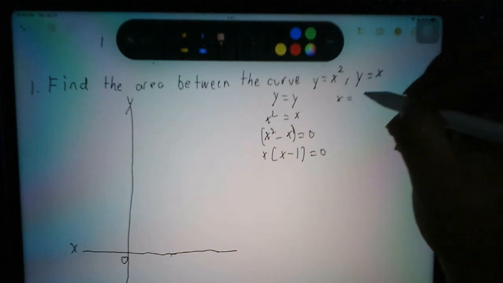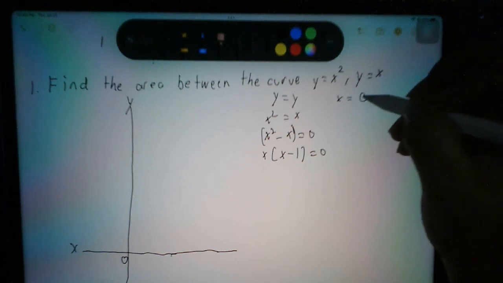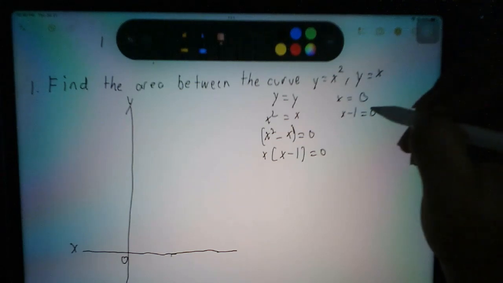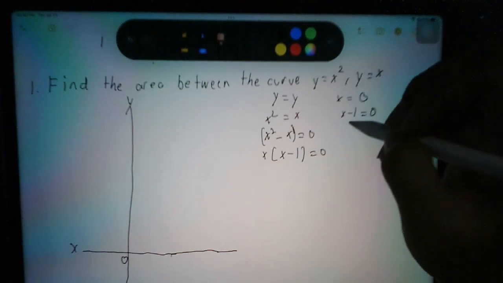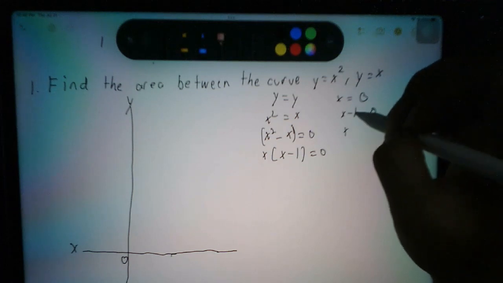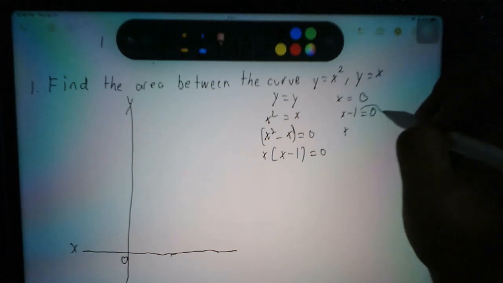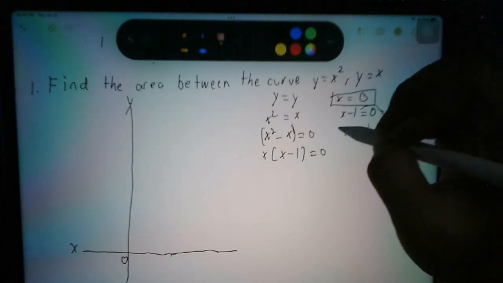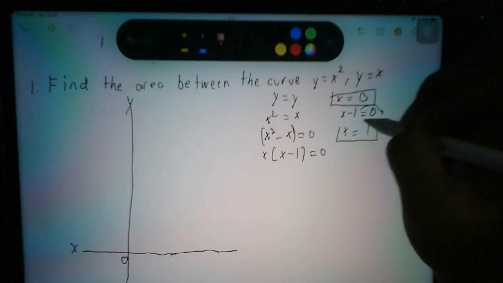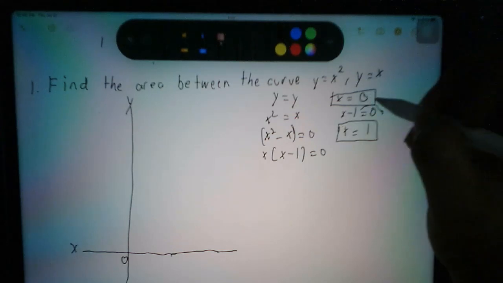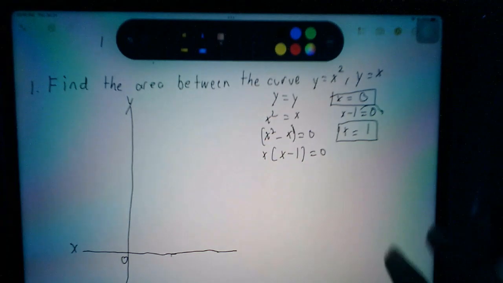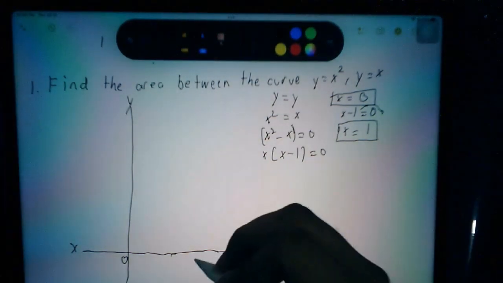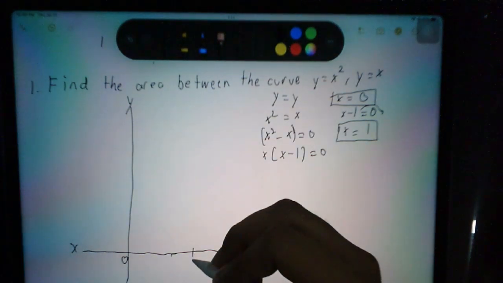By equating x to 0, our x equals 0, and x minus 1 equals 0. Let's transfer negative 1 to here, so x equals 1. So these are our points on the x-axis: x equals 0 and x equals 1.